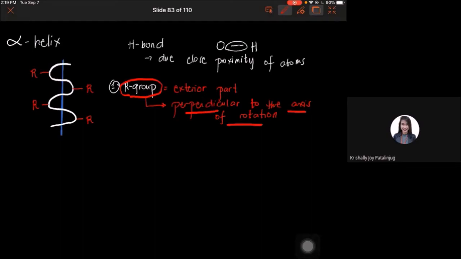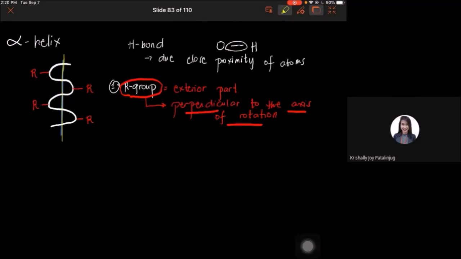Okay? Let me break down the terms perpendicular to the axis para mas klaro pa sa tanan. Okay, number one, let's tackle on the axis of rotation. Okay? So itong axis of rotation, nasa gitna, di ba vertical line siya, vertical line. Okay?